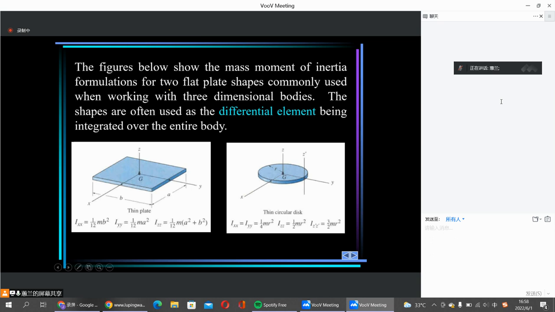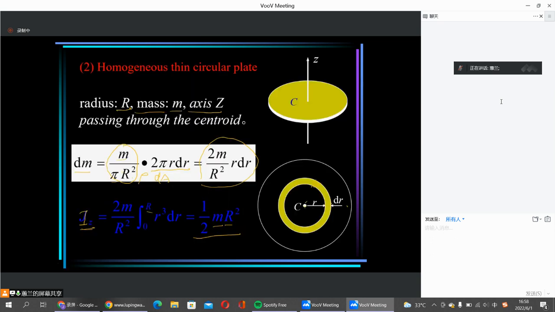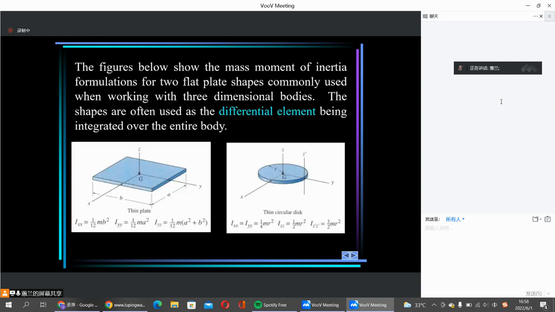So this gives you examples of how to calculate the mass moment inertia for some very simplified geometries. Here, the figures below show the mass moment inertia formulations for two flat plate shapes commonly used when working with three-dimensional bodies.